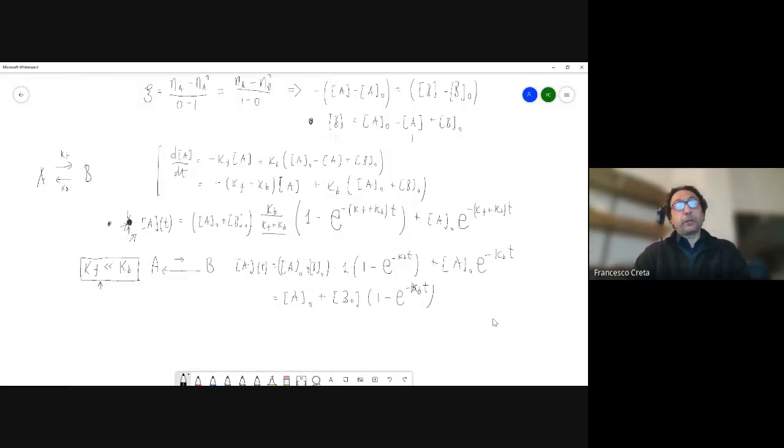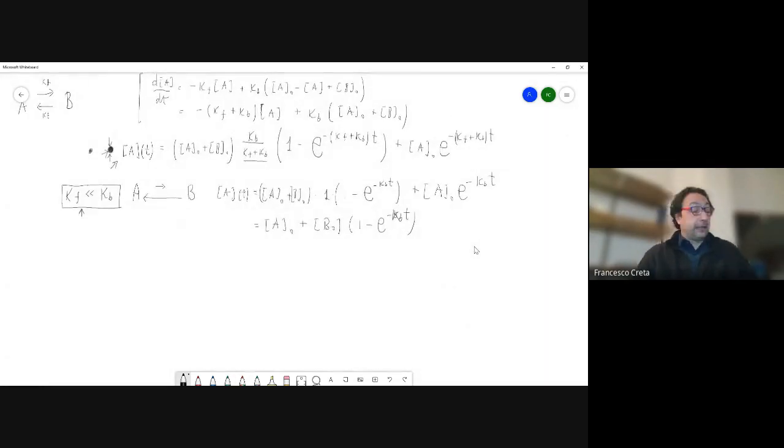A very straightforward thing: suppose we start initially from B0 equal to 0 or very close to 0. Then what we learn from this expression is that A will be essentially very close to A0.